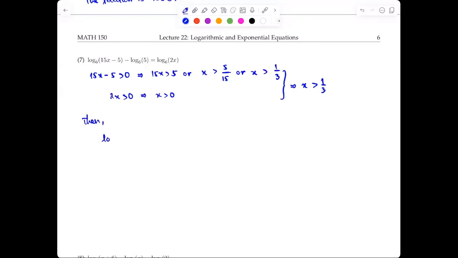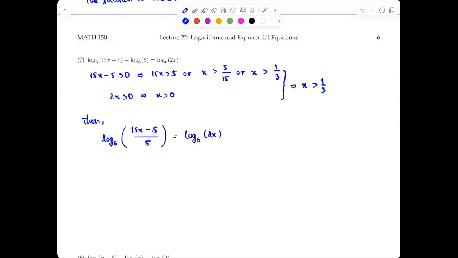Then you have log of base 6 of 15x minus 5 divided by 5 equal to log of base 6 of 2x. So difference becomes quotient.